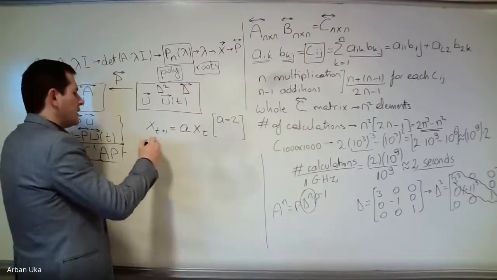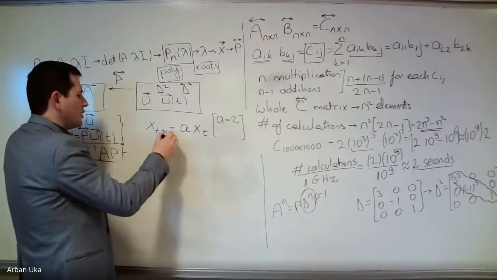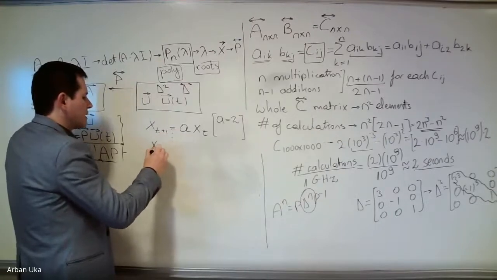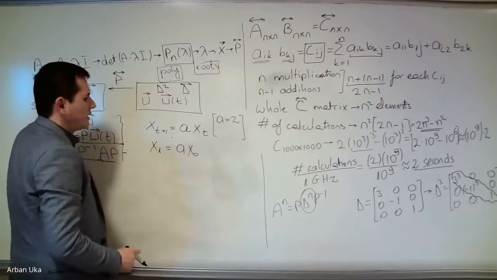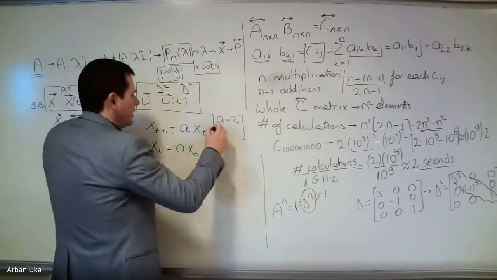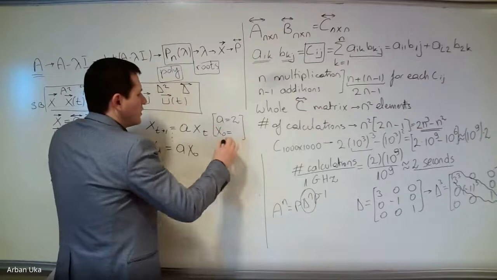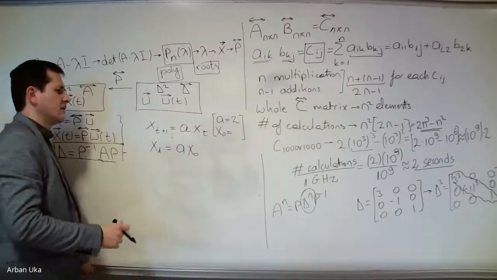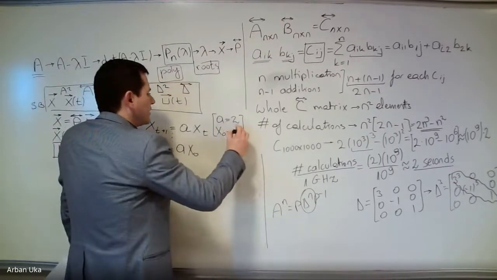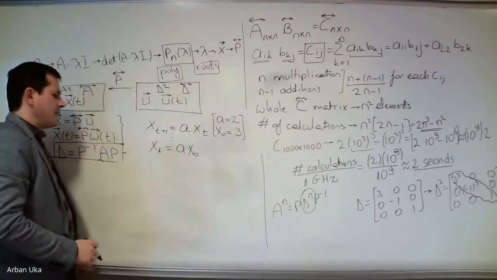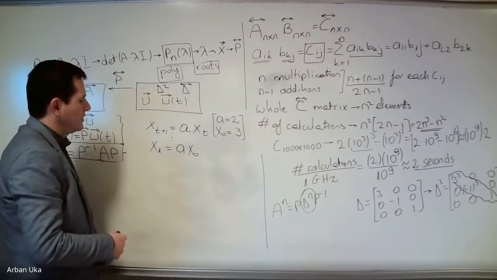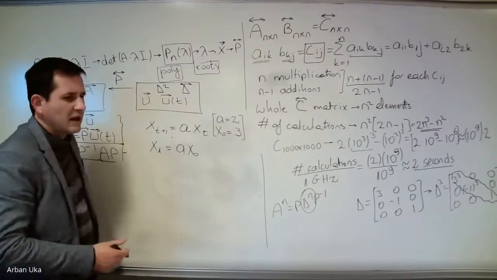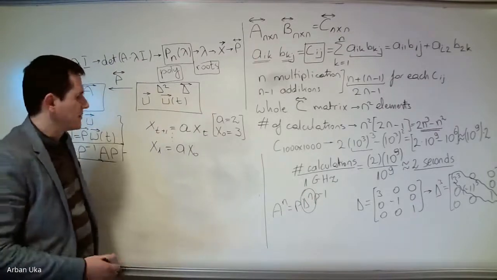And then if we go back, we can say that x1 is equal to a times x0. Now let's assume that x0 is the number of rabbits initially. Let this number be 3. And then we want to see how fast the rabbits increase after, let's say, 4 generations.